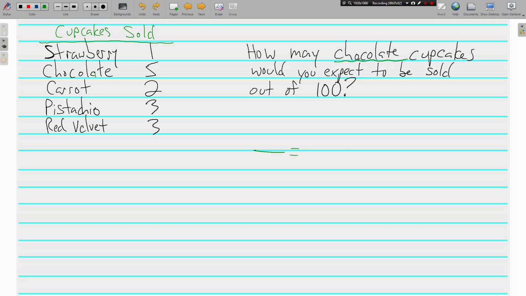Setting up a proportion, out of 100 total, and we're looking for how many chocolate. What information do we have already about chocolate cupcakes? Well, we know that we have sold 5. But what's going to go underneath the 5? On the other side, we've got 100 T for total. So we're going to need a total.